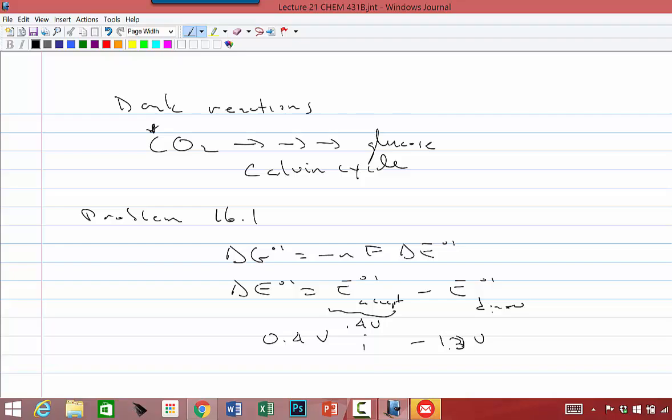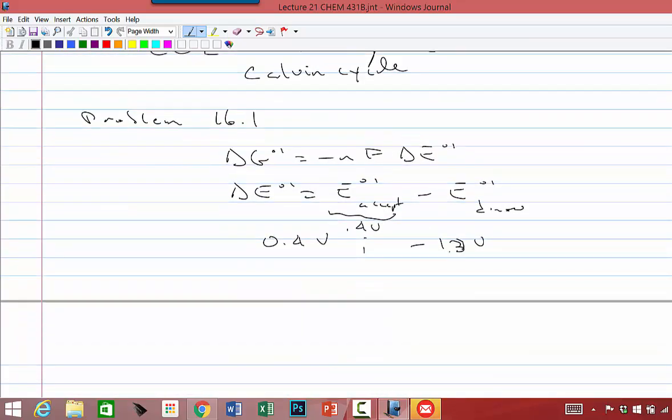So let me go ahead and draw this nicer for you. Delta E under standard conditions is going to be equal to 0.4 minus a minus 1.3. How do I know that?